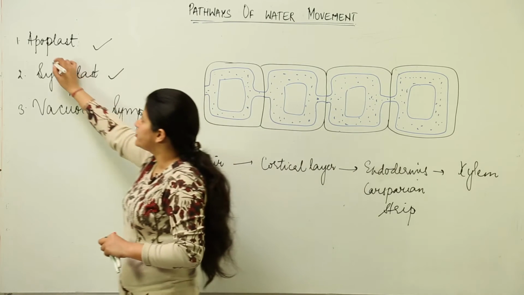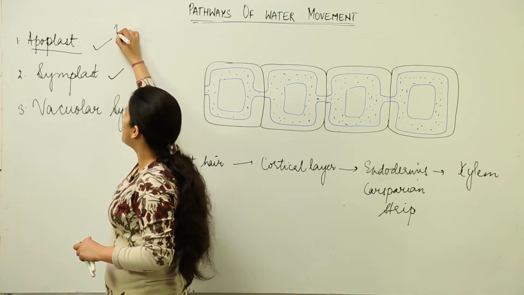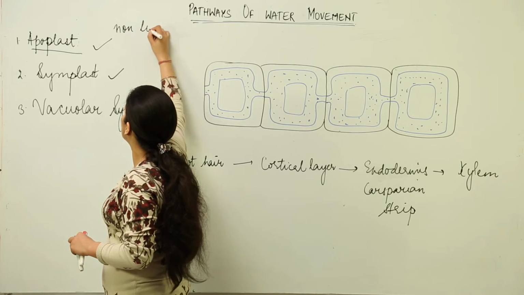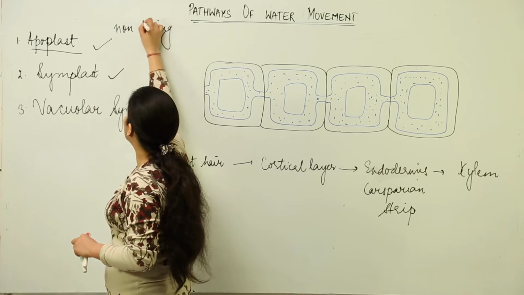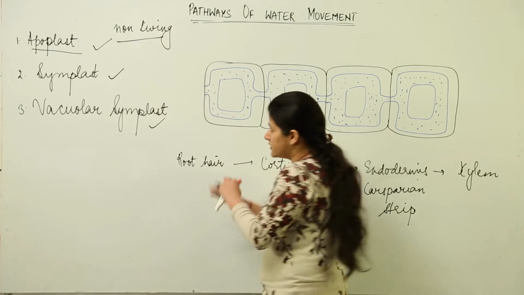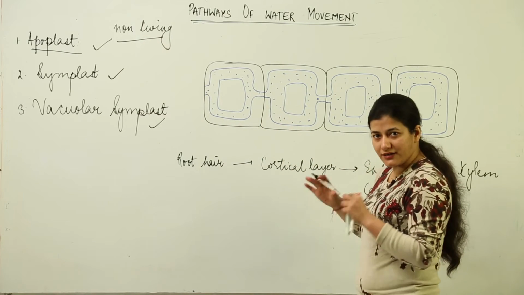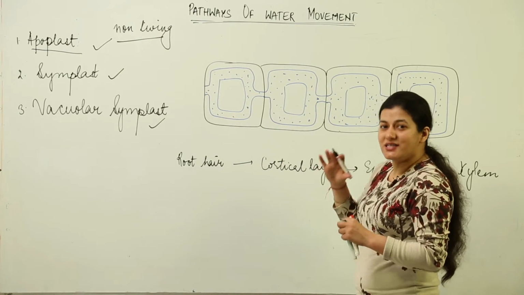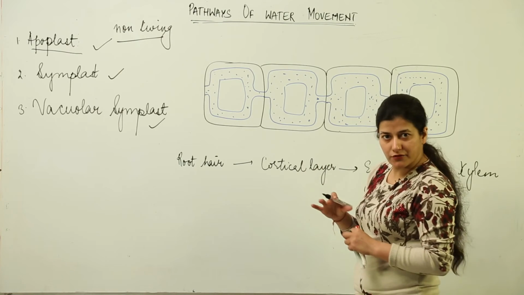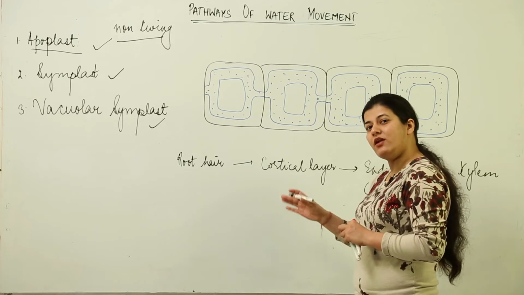Now for apoplast, you have to keep in mind that this is a non-living pathway. When I say non-living, in the plant cells there are certain regions which are non-living, and that particular region is the cell wall. Apart from the cell wall, there are intercellular spaces.